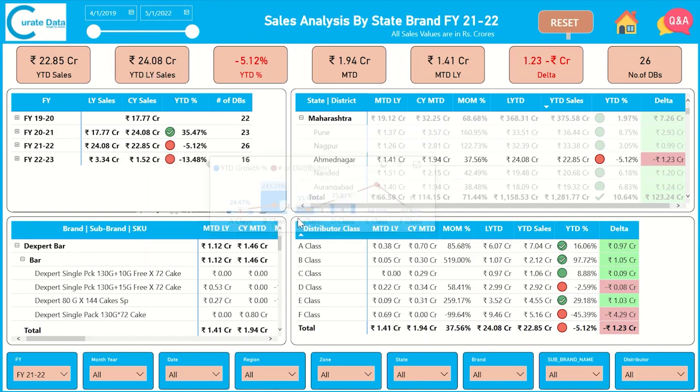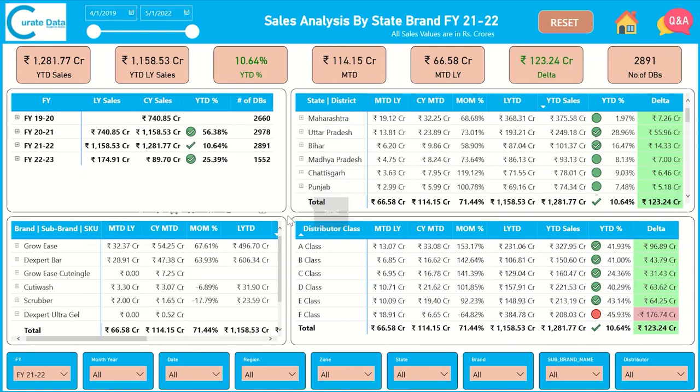So if I go back to the report, I can click here on the reset button, and all the data will be reset to my default. So now we can see year on year how the sales is growing for the company, then district wise, state wise, and I can see the brand wise actually.